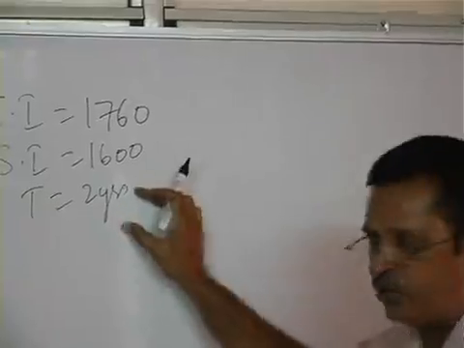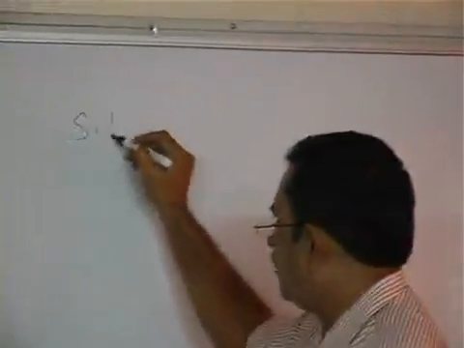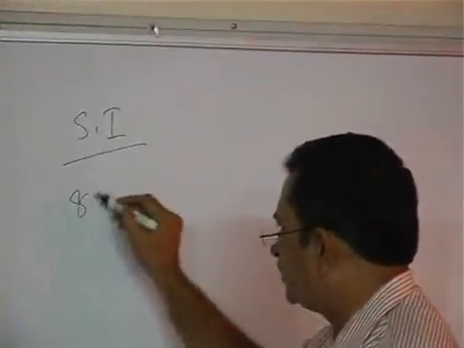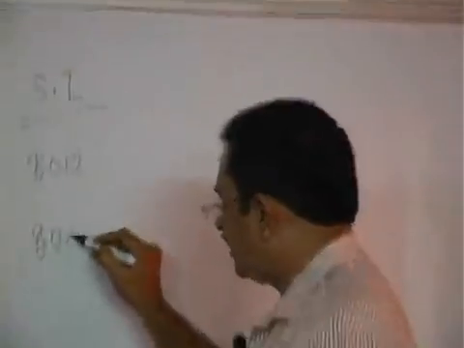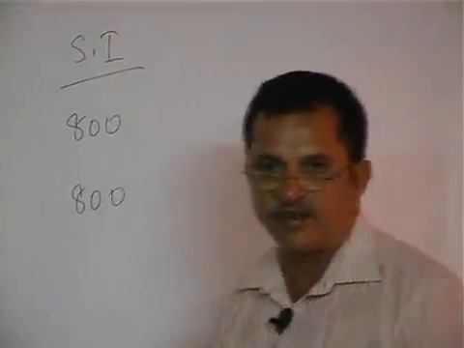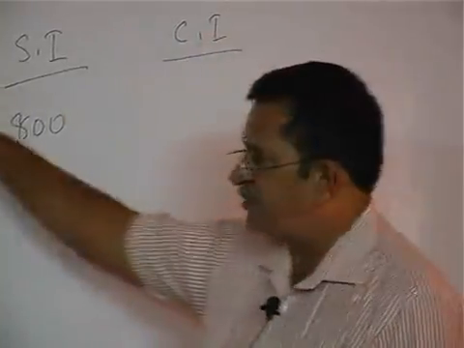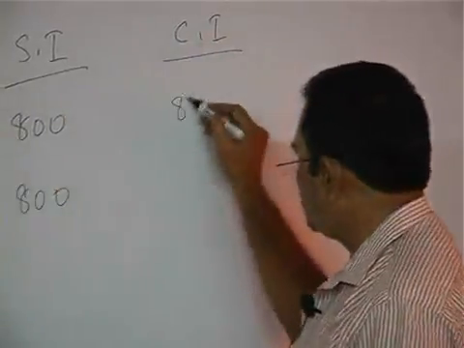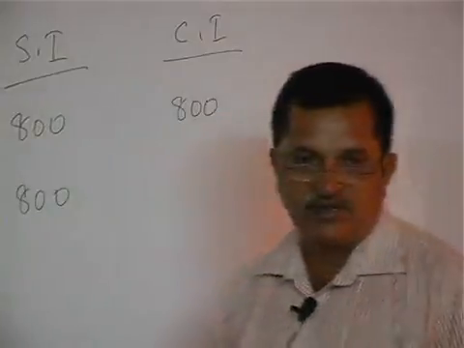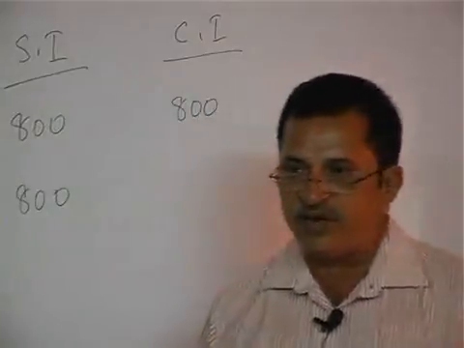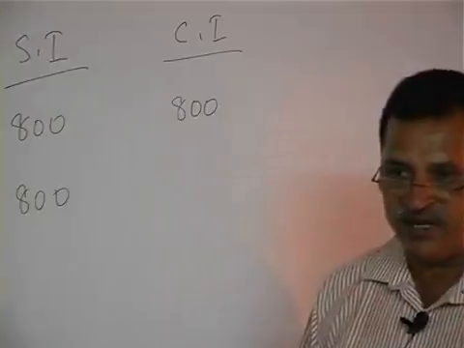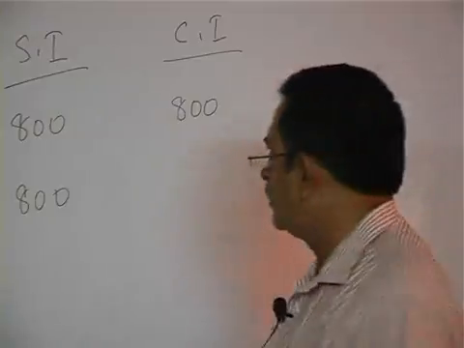That you must think. For 2 years means, first year is 800, second year is also 800, is it not? Compound interest is 1760 means, first year is 800 only, because for 1 year duration, there won't be any difference between simple interest and compound interest.